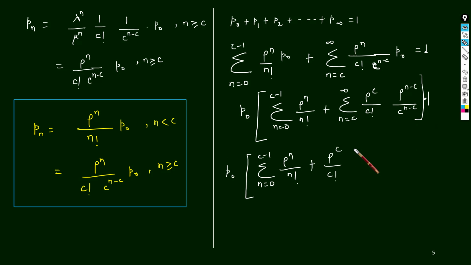So the first term is 1 plus, when n is equal to c plus 1, this will become rho to the power 1 divided by c to the power 1, that means rho by c. When n is equal to c plus 2, this will be rho to the power 2 by c to the power 2, means rho by c square, like this. It will continue. So what I have to do, I have to put a middle bracket like this. It will go up to where? Infinity.